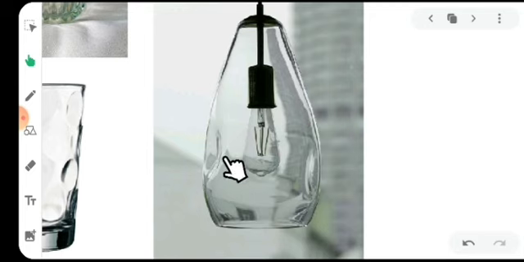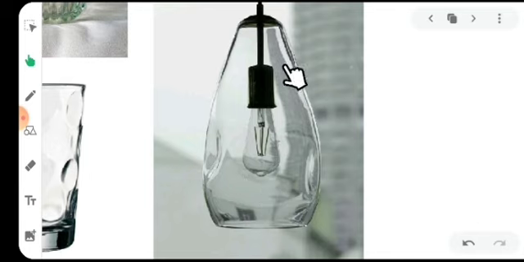You can also see this irregular shape over here. The underneath is more clearly visible, and that happens because this curved, irregular shape causes light to bend mostly towards you.